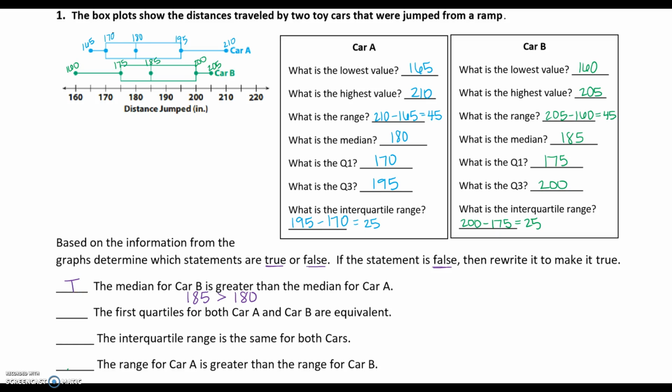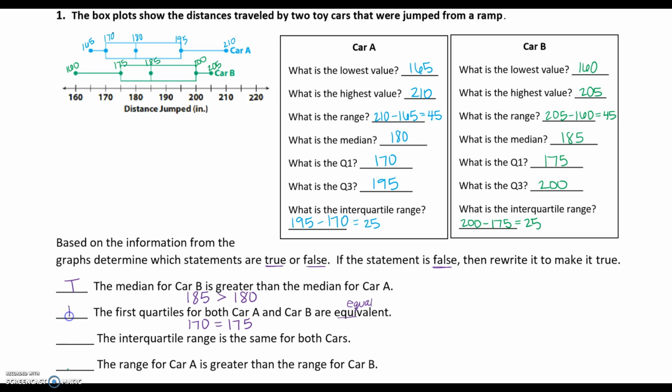Next one, the first quartiles for both car A and car B are equivalent. Guys, equivalent sounds like equal, right? So they're equal. So quartile 1 is 170. And quartile 1, the left side of the box, is 175. Is 170 and 175 equal?